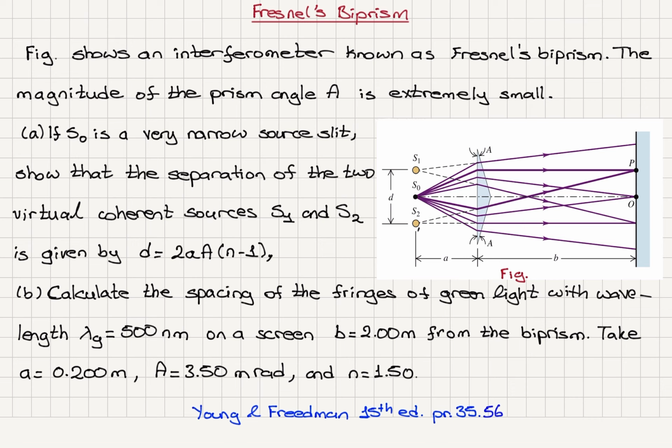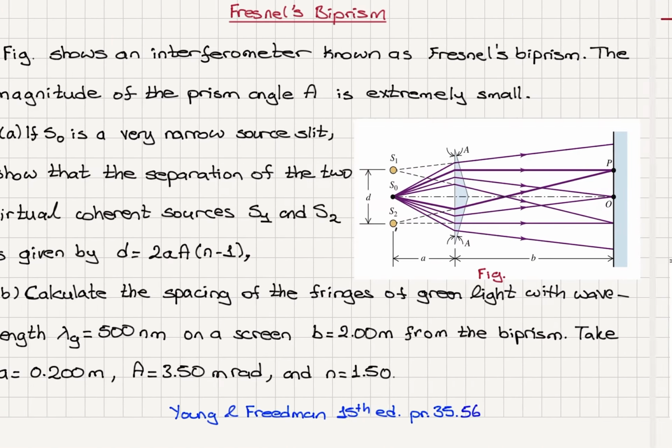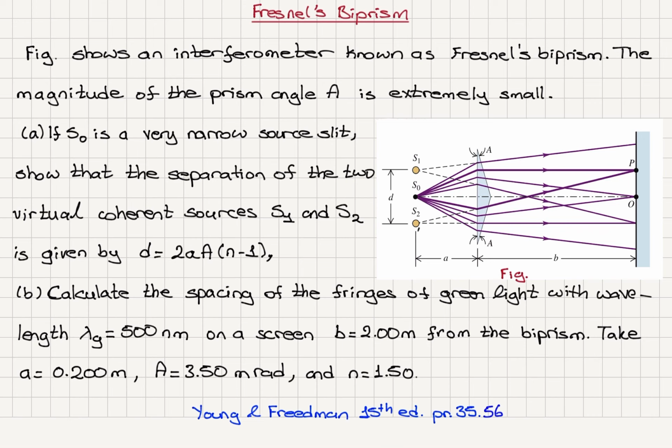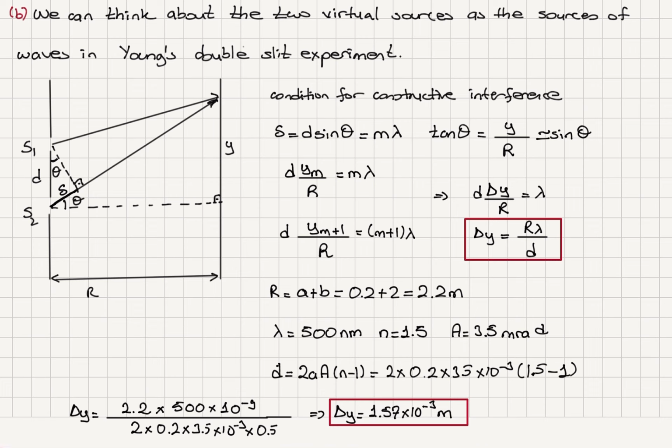And for part B, I want to calculate the spacing between the bright fringes on the screen. I see that these two virtual sources, S1 and S2, are basically acting like two sources of waves in Young's double slit experiment. So these are two slits, S1 and S2, and the slit separation is D. And the path difference between these two rays is D sine theta, this construction here.